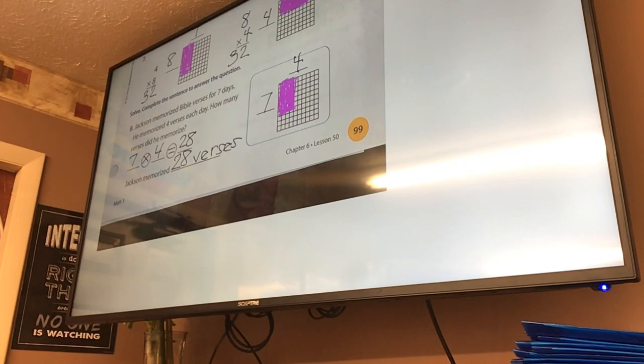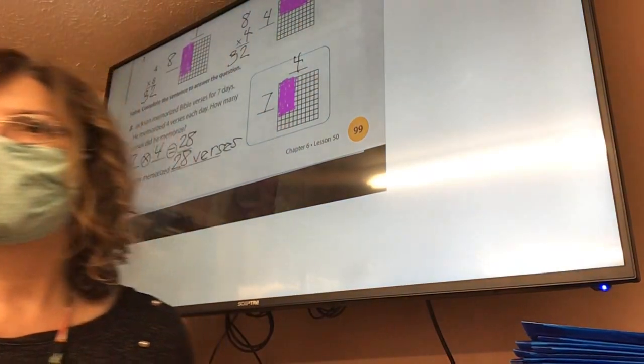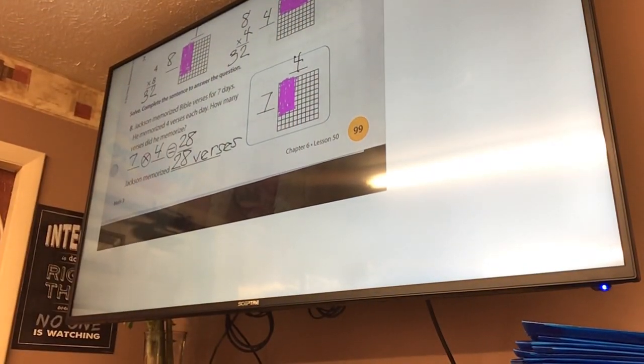All right, so this time for the next problem, how many jumps are there? 1, 2, 3, 4, 5, 6, 6. 6 jumps. So you're going to add what number? 4. 6 times. So put 4 plus 4 plus 4 plus 4 plus 4 plus 4.